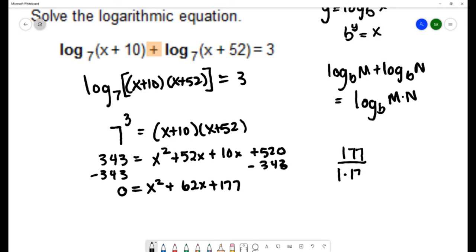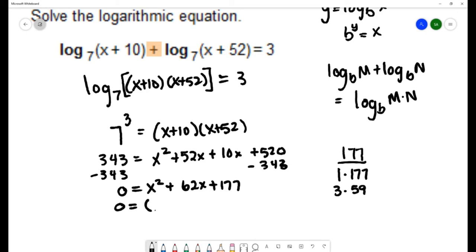That's 1 times 177. It's not even, so 2 doesn't go into it. Okay, 3 goes into it. 3 times 59. All right, 3 times 59 will give me 177, and 3 plus 59 will give me 62.